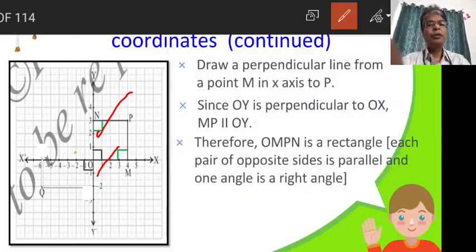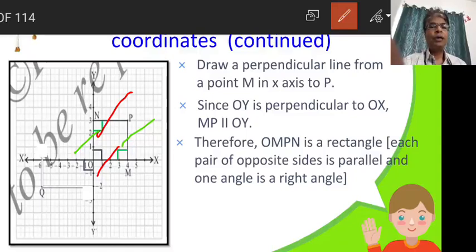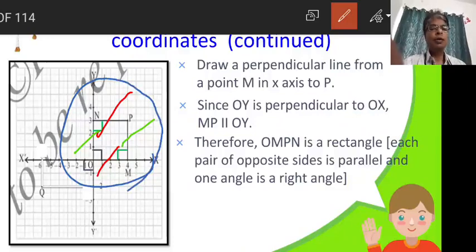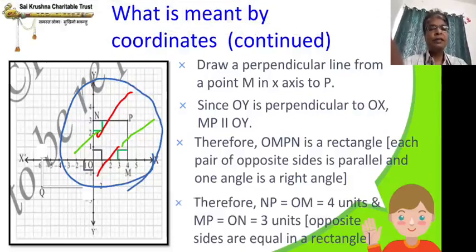Now I will put these two are parallel, correct? Hope all of you are able to understand. OM parallel to NP on the last page, where OM is along OX. On this page we have put OY parallel to MP. Because of that, opposite sides are parallel. Each pair of opposite sides is parallel and one angle is a right angle. Because of that, this has become a rectangle, that is OMPN is a rectangle. Let me see why we are seeing this. Because of this, NP equals OM equals 4 units.